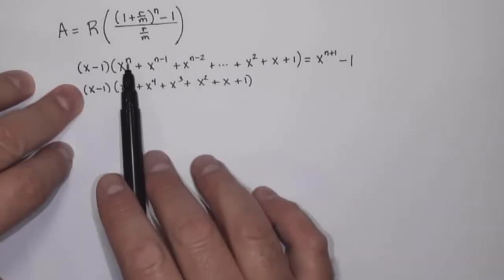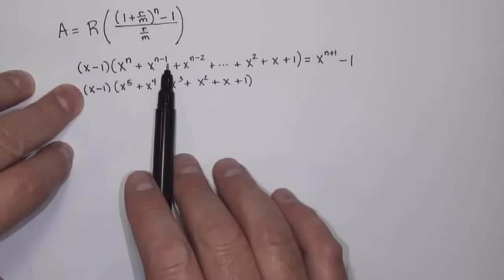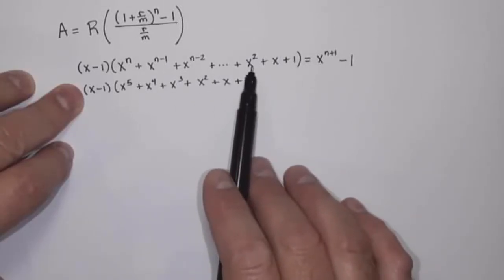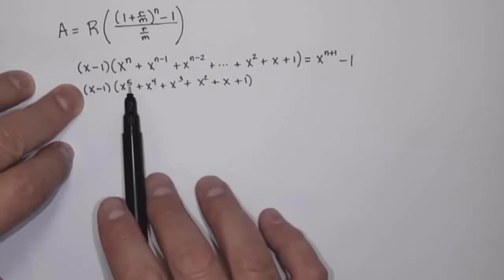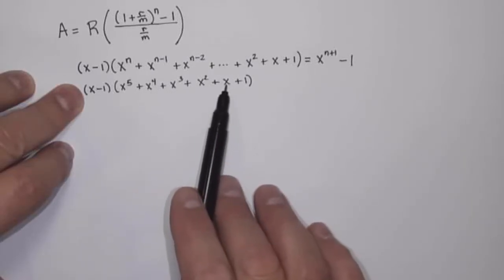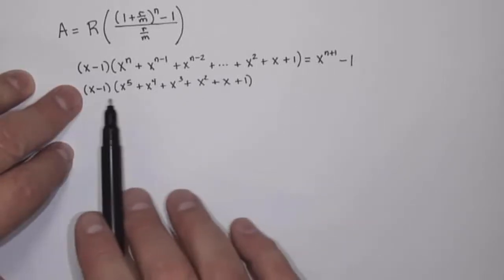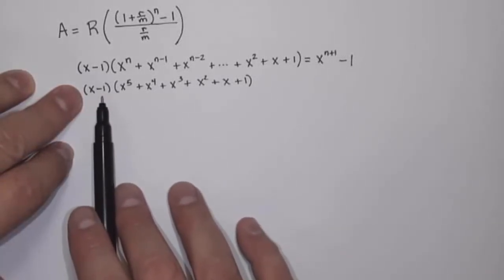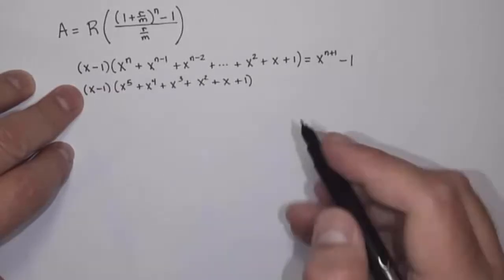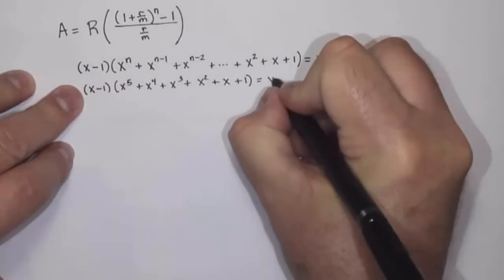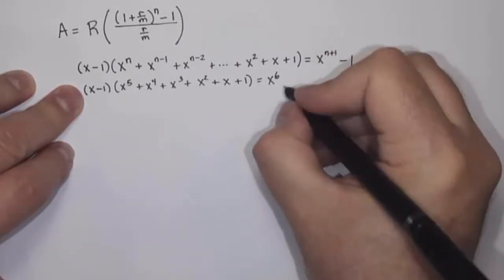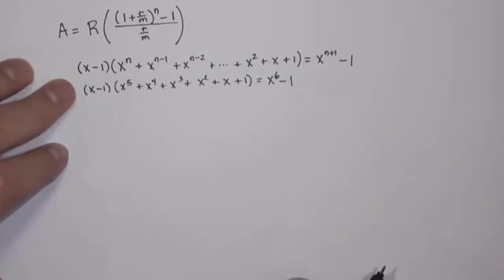So I just have x to a power, then x to the next smallest power, and so on until I get down to x squared, x, 1. So I'm starting with x to the 5th, then the 4th, then the 3rd, then the 2nd, then just x, then just 1, and I'm multiplying that by x minus 1. And so what my algebra rule is saying is that should equal x to the 5 plus 1, so that should equal x to the 6th minus 1.